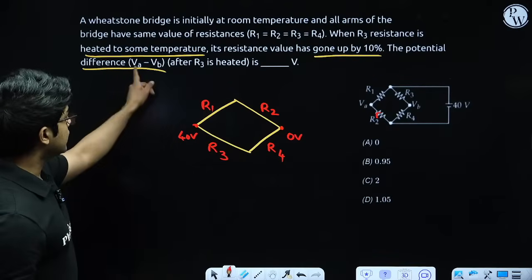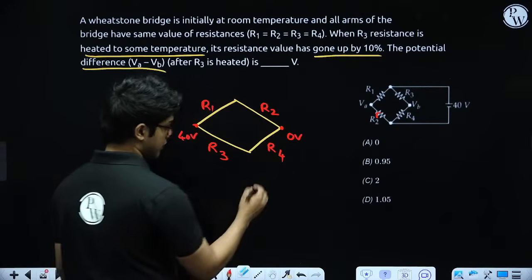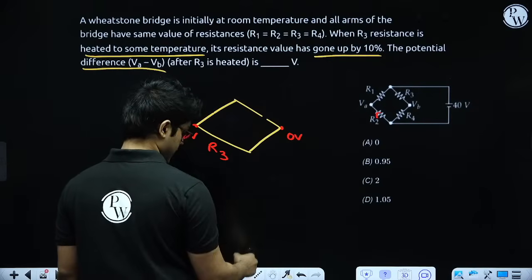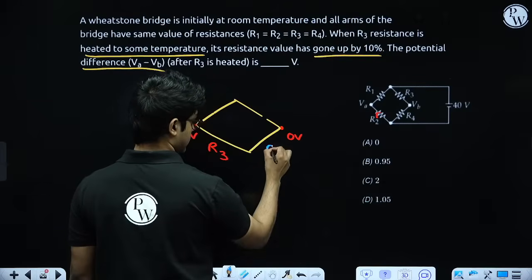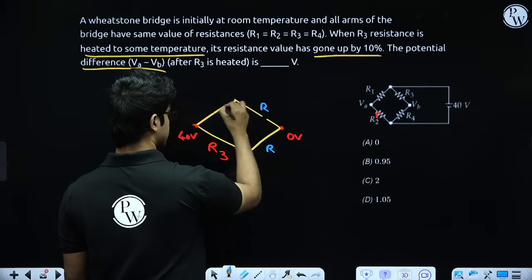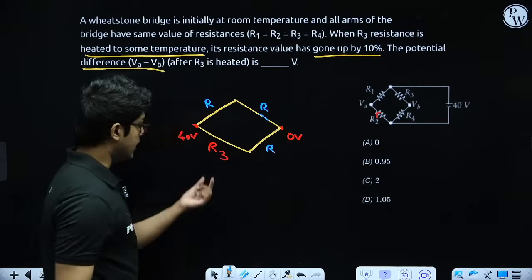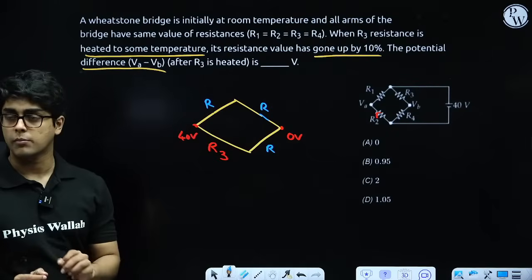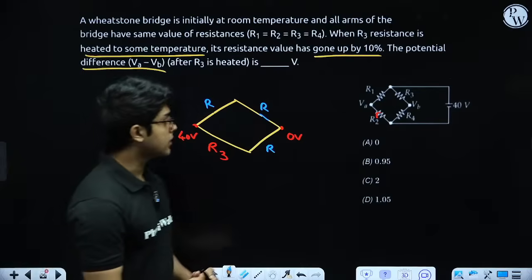R1, R2, R4 remain the same even after the heating, right? So instead of R2, R4 and R1, we can just call these 3 resistances R. And R3 has increased by 10%. If you increase 1 by 10%, it will become 1.1, right?